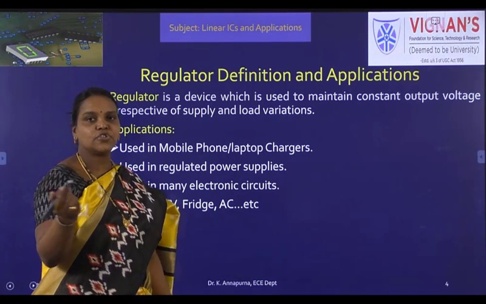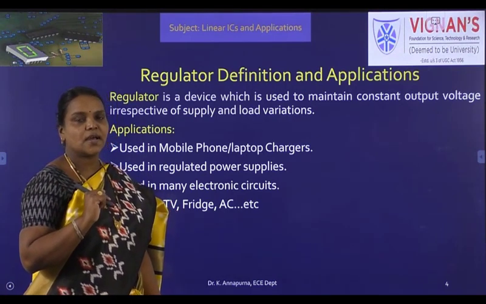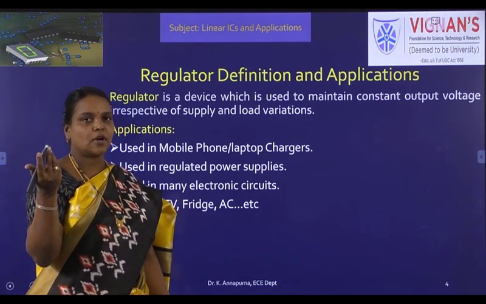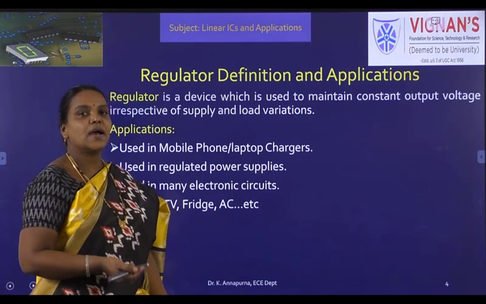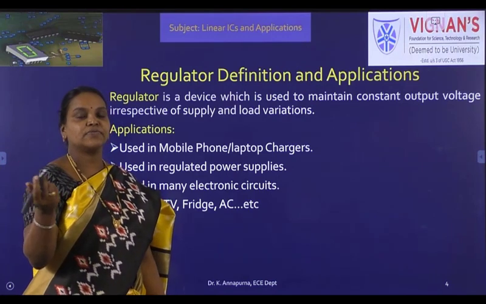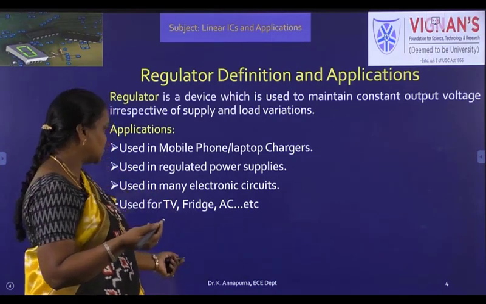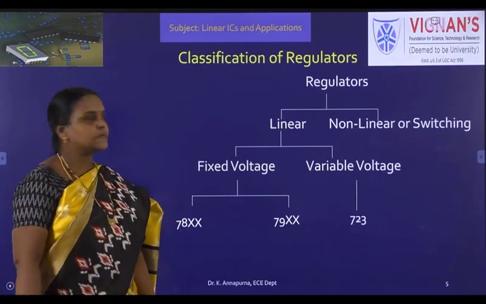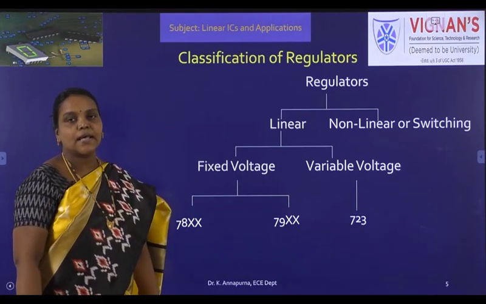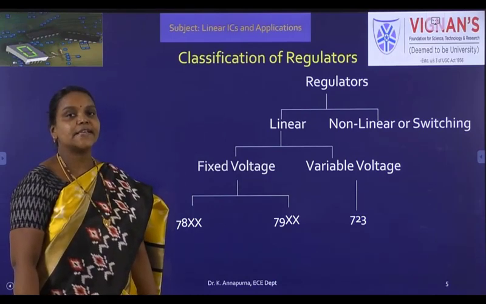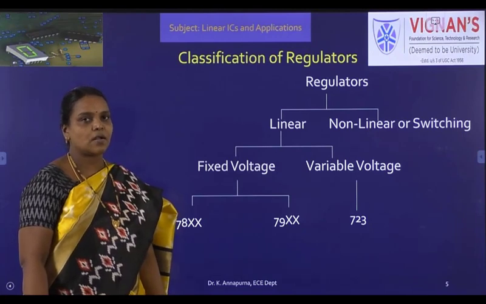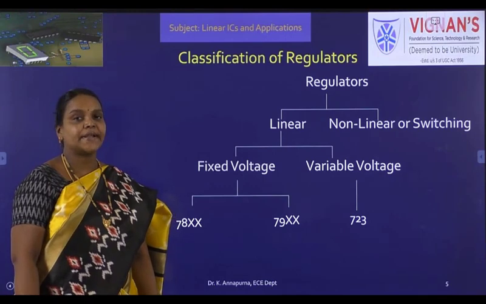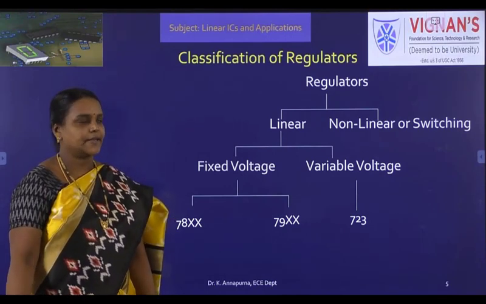In our cell phone chargers, laptop chargers, in our labs almost all electronic components use this, and for AC, TV, fridge we use regulators. So these are the applications. Coming to the classification of regulators, there are basically two types, linear and non-linear. Linear means the transistor is operating in the active or linear region, and non-linear means the transistor is operated as a switch.